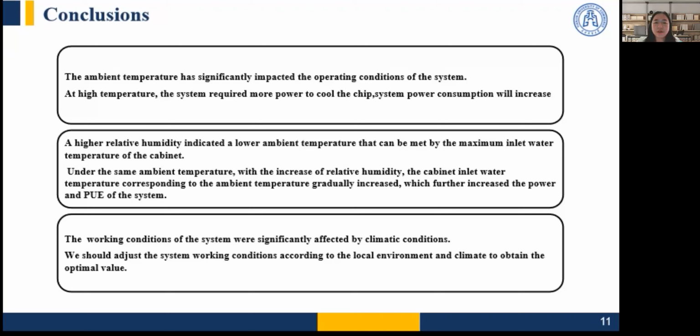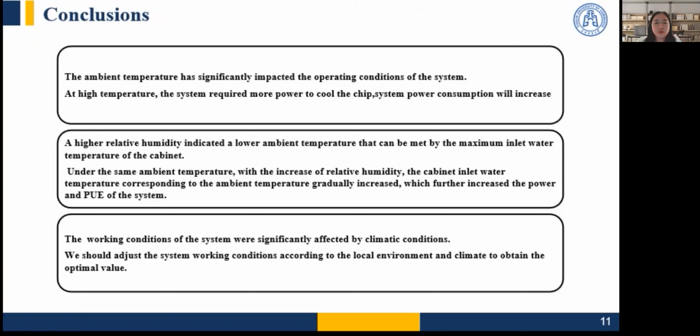The results show that the ambient temperature has significantly impacted the operating conditions of the system. At high temperature, the system required more power to cool the chip. Therefore, the primary water flow, secondary water flow, system power and PUE of the system increased. Those values decreased with the fall of the ambient temperature.